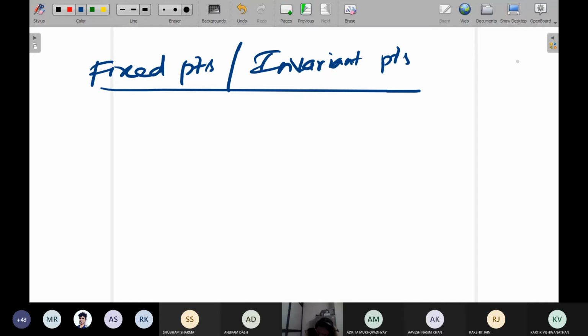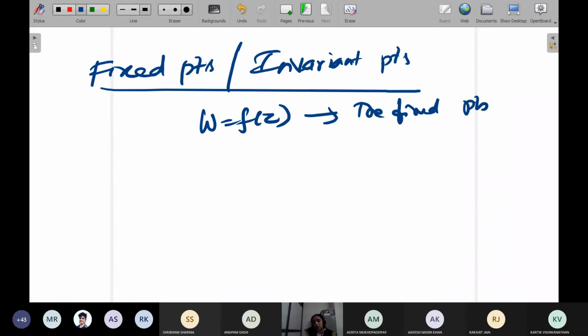The fixed points or invariant points of the transformation w = f(z) are the points that map to themselves. Write down: the fixed points are points that are mapped onto themselves.